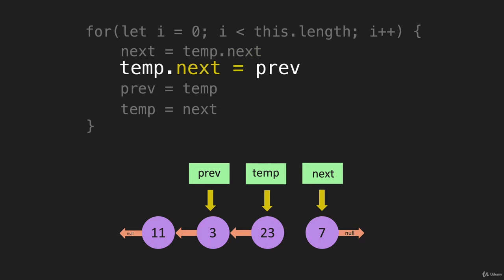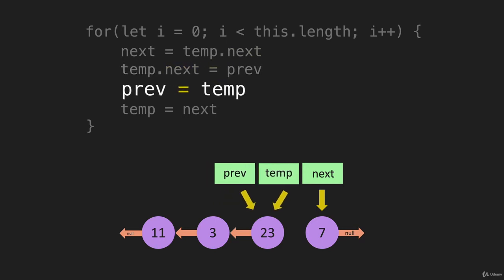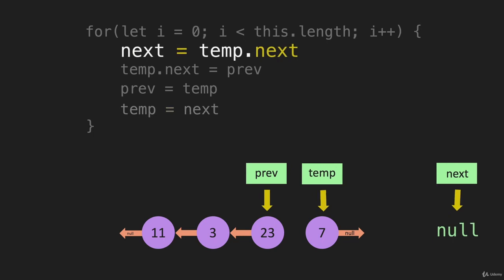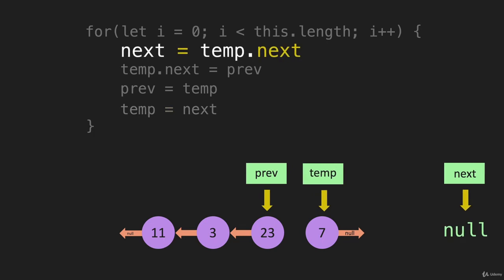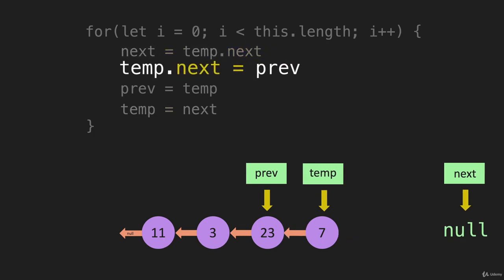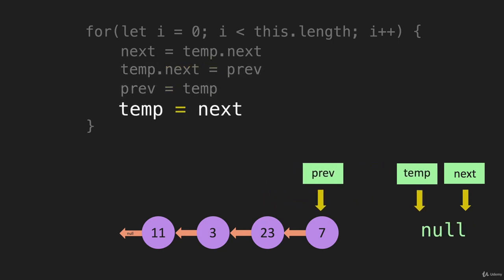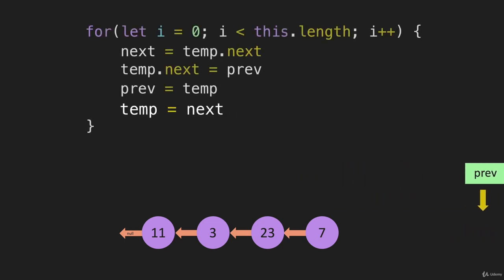We'll say temp.next equals previous, previous equals temp, temp equals next. And this will be the last time that we run through this. We're going to say next equals temp.next. Well, temp.next is null. Temp.next equals previous. That'll be our last one that we flip over. Previous equals temp. Temp equals next. And that is our for loop.